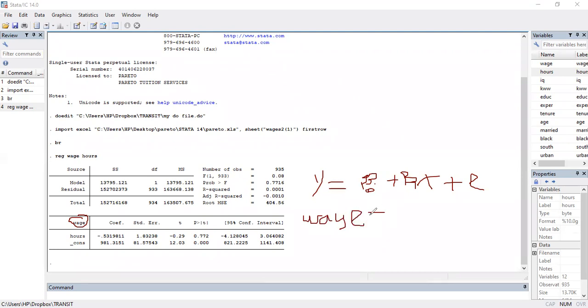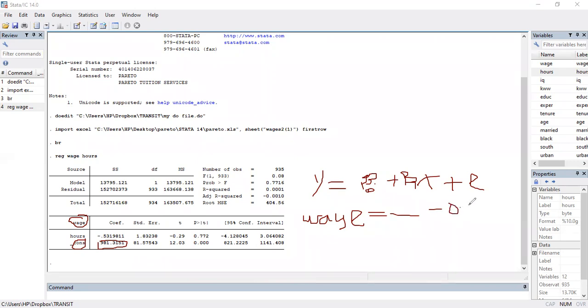So wage equals, then the beta 0 is a constant. Beta 0 is the coefficient for the constant, so you write your coefficient here. Then whatever sign that you see here, if it's minus, then it becomes minus, then 0.5 x. Here our x is hours of work.